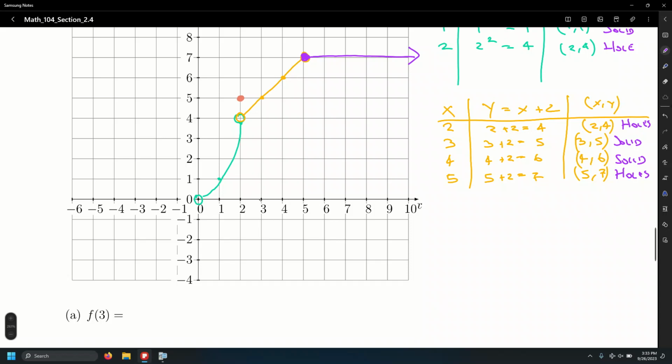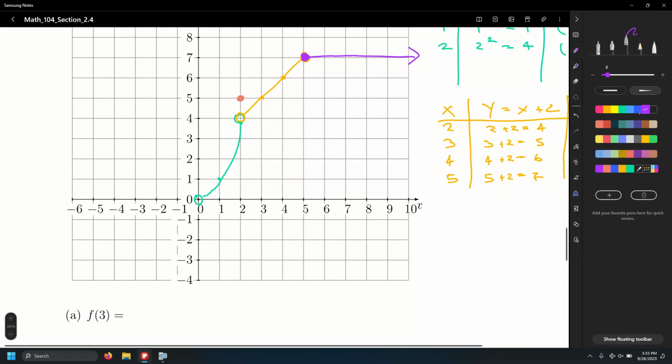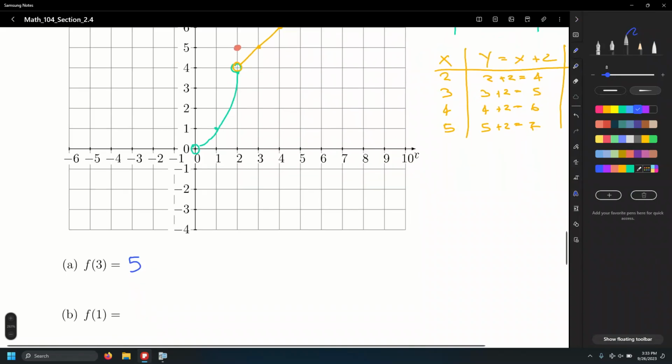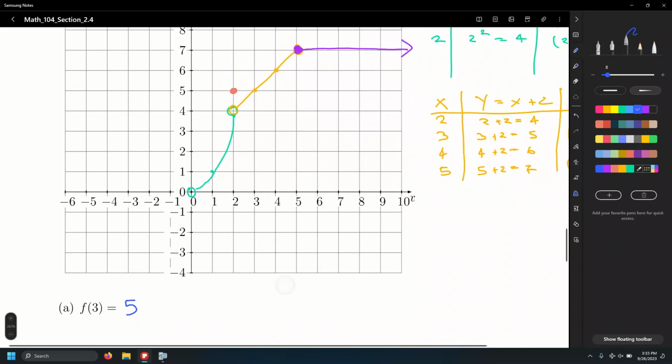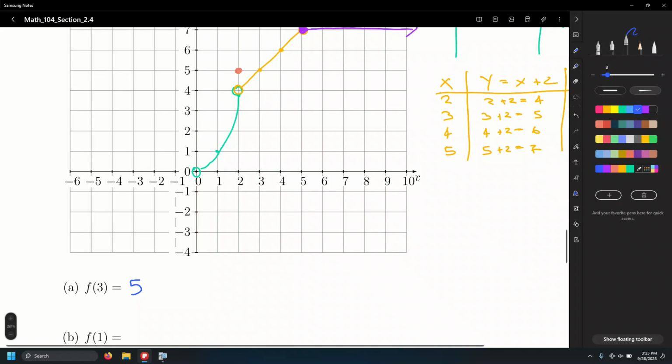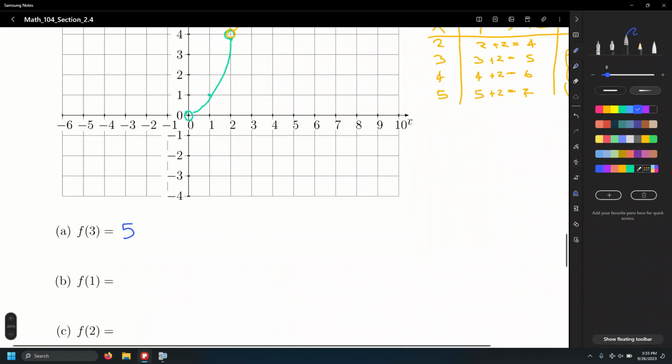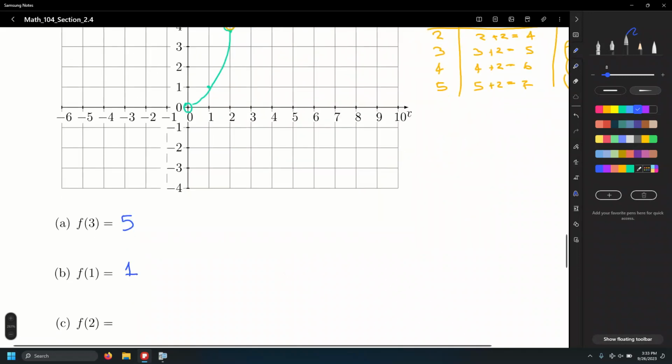So f of 3, that is the y value when x equals 3, equals 5. All right. What about f of 1? Where is 1 allowed, in the green section, the yellow section, or the purple section? In the green section. And f of 1 equals also 1.